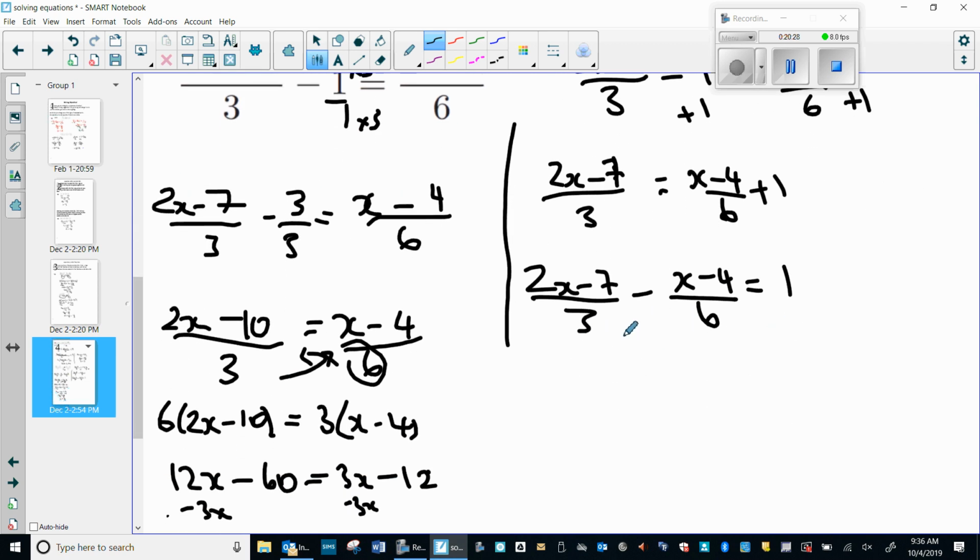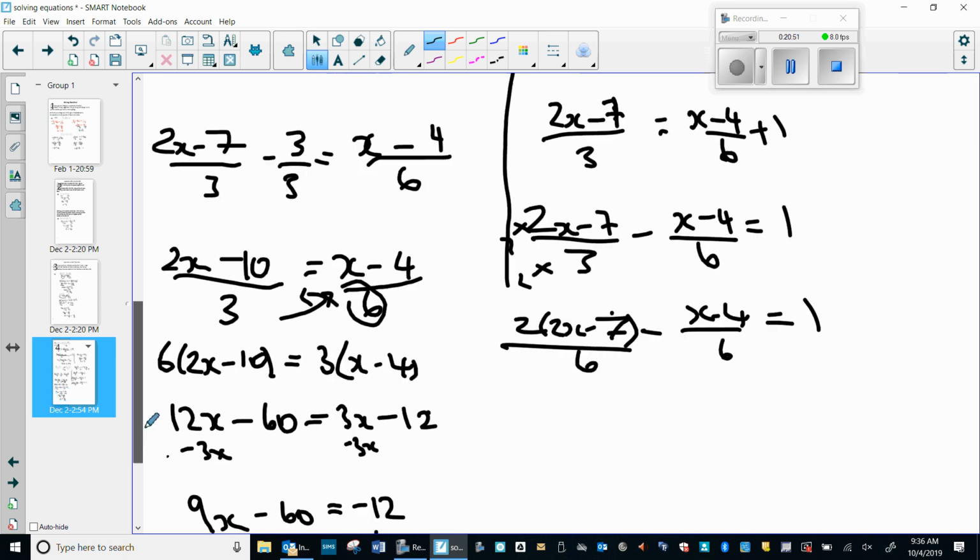Now what I can see is I've got a 3 and a 6, so my common denominator now is going to be 6. So I've got x minus 4 here, and then I need to just multiply these two by 2. So I've got 2 lots of 2x minus 7 over 6. So, that still equals 1.